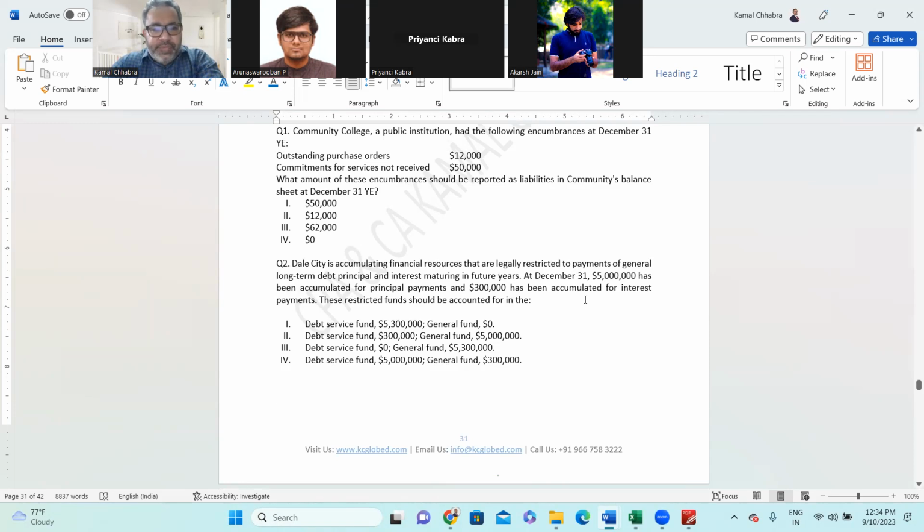So these restricted funds should be accounted for. How much is the debt service fund and how much should be the general fund? What is debt service fund? If you remember, last to last class, we discussed the debt service fund. It particularly services the debt obligations of the government.